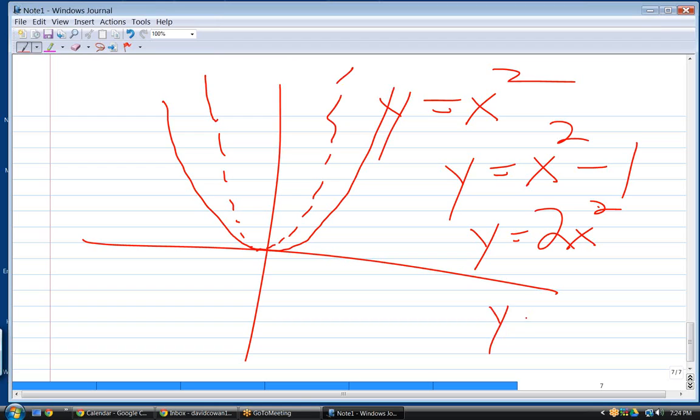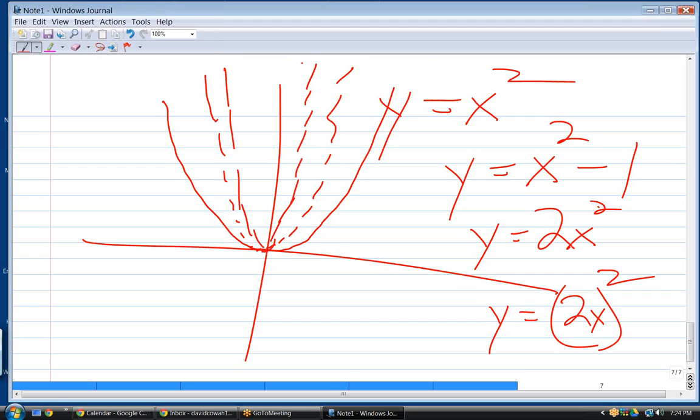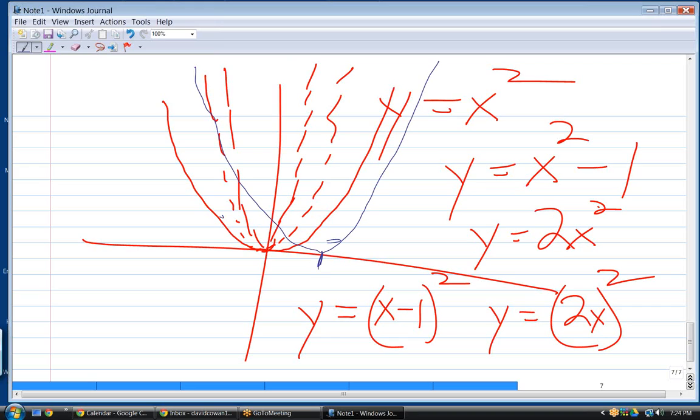If I want to horizontally scrunch it, then I would put the 2 inside the parentheses and square it. That has a similar effect. And if I want to shift it horizontally, I'd say x minus 1 quantity squared, and that is a shift to the right of 1 unit. In other words, the vertex is now going to happen right here. So I would graph it like this. Same shape, all I've done is shift it to the right by 1 unit.